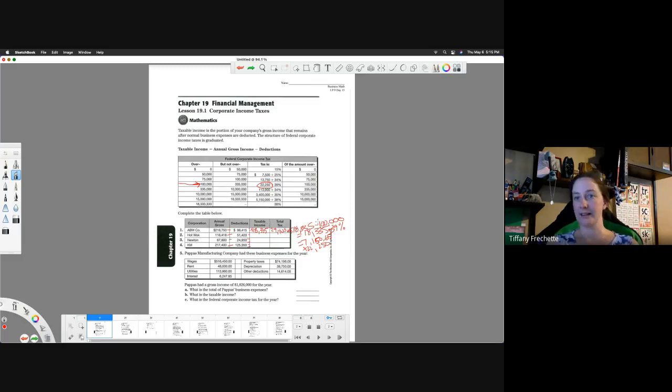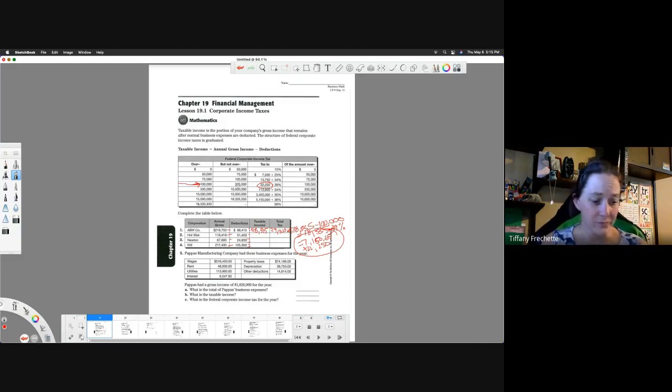So that's why I subtracted the $100,000, because I already know that's $22,250. That's how much it's going to cost me in taxes. So I have $18,335 over my $100,000, which is 39%. When I multiply, I get another $7,150.65, and I need to add those two amounts together to get my total tax.